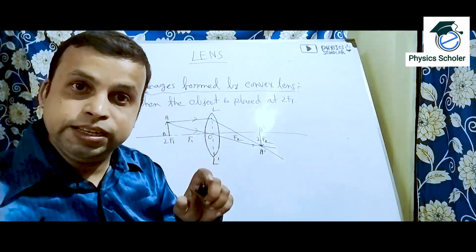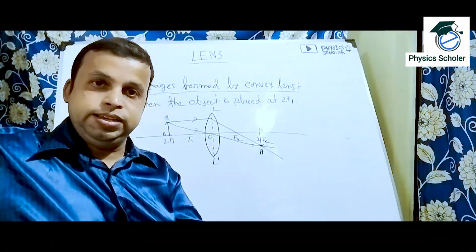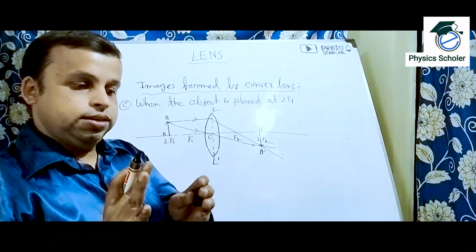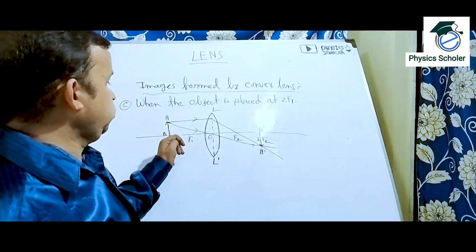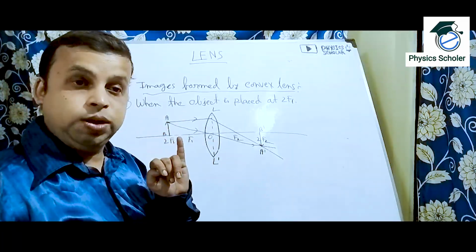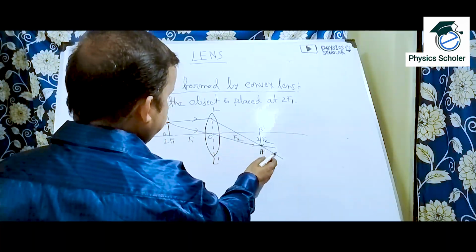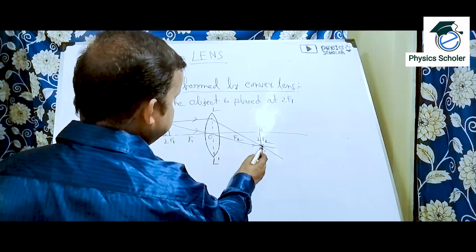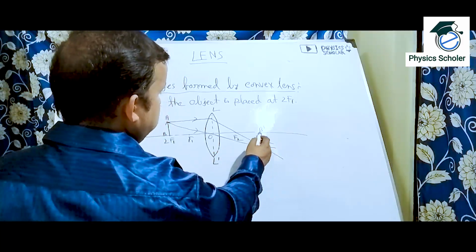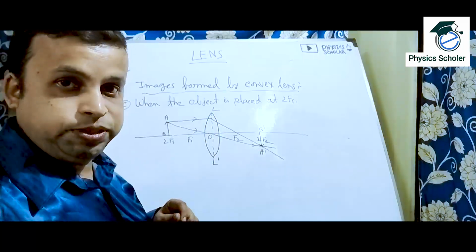Now we are shifting the object more towards the lens. First it was at infinity, second it was beyond 2f1. Now again we are shifting more towards the lens. It is at 2f1. Now one ray will pass through this principal focus, and another ray will pass through the optical center in a straight path, and they will meet at this point. So if we draw the perpendicular, A dash B dash will be the image of the object AB.